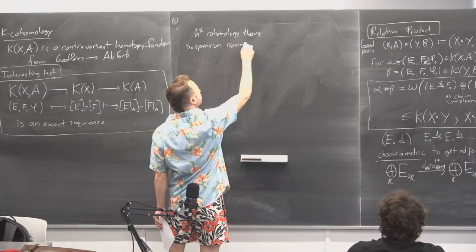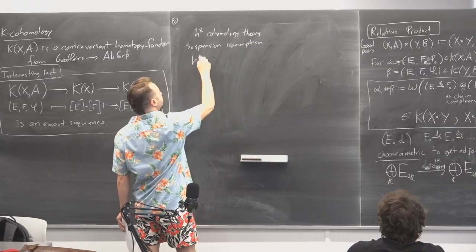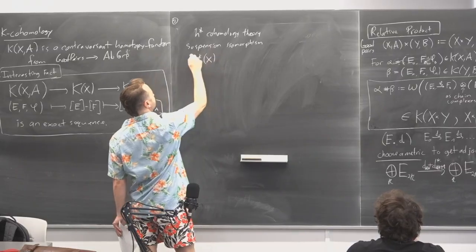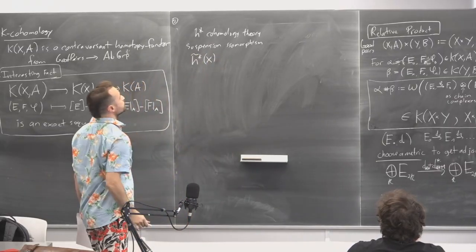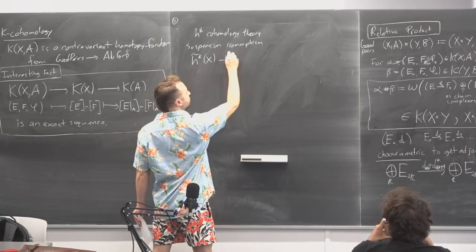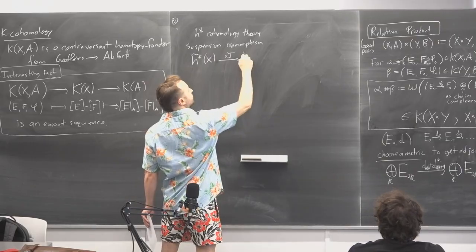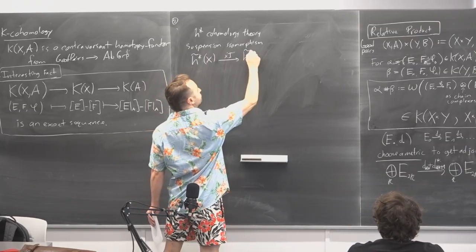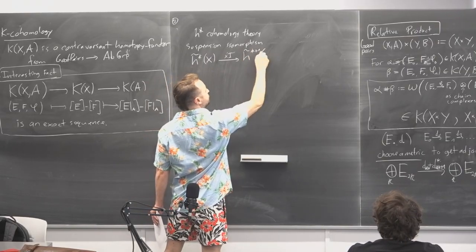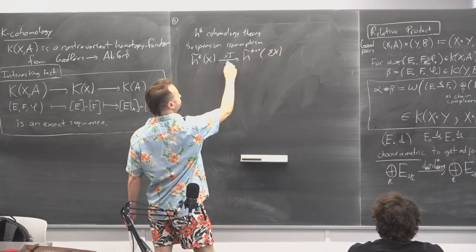Meaning, if you're looking at the cohomology of some space X, in the reduced version of the cohomology theory, there's always some product with an interval element type of thing that lands you in the cohomology in degree 1 larger of the suspension of X, and this is an isomorphism.